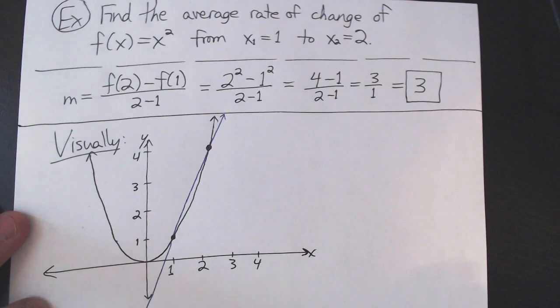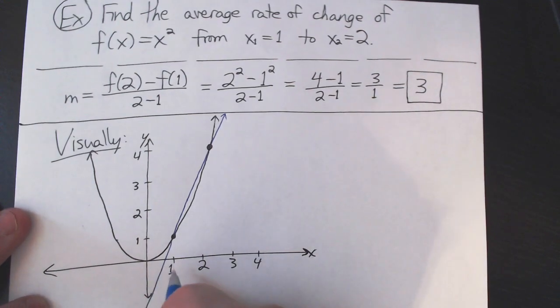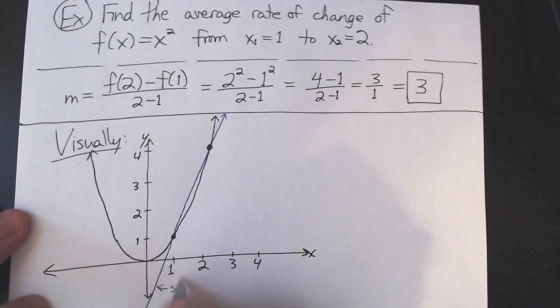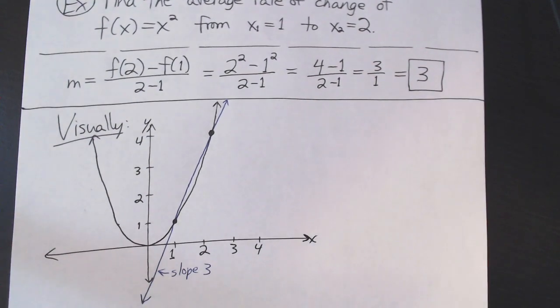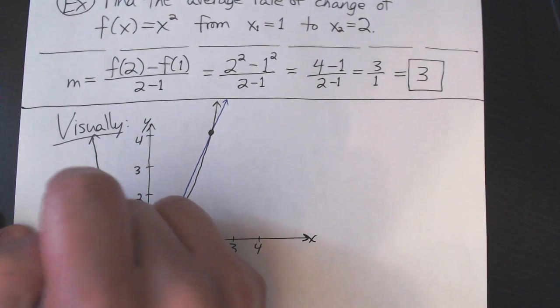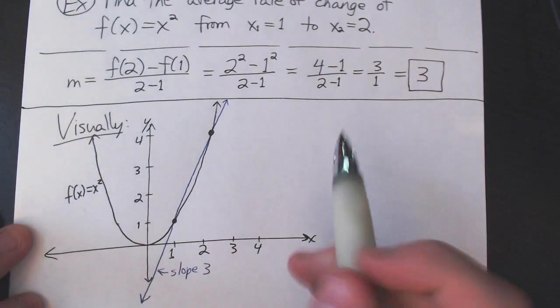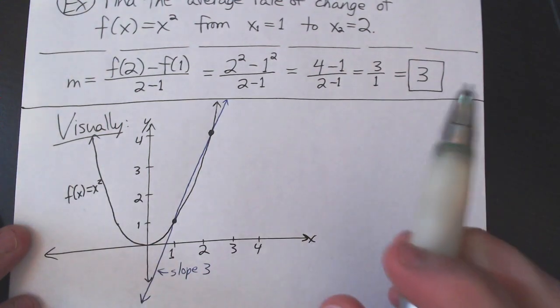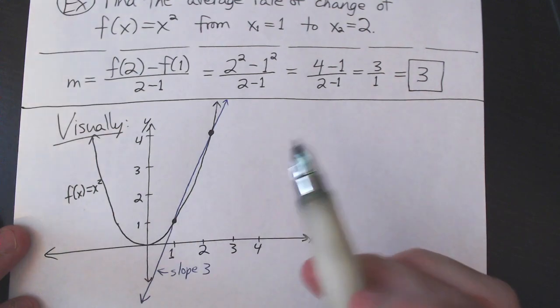And for that straight line, we found that there was a slope of 3. But the actual function, f of x equals x squared, that I drew here, it's not a straight line. So we can't really calculate the slope of a curved line, not exactly.